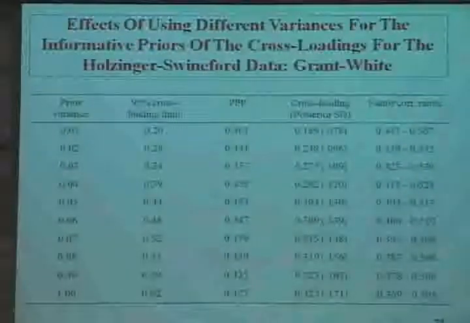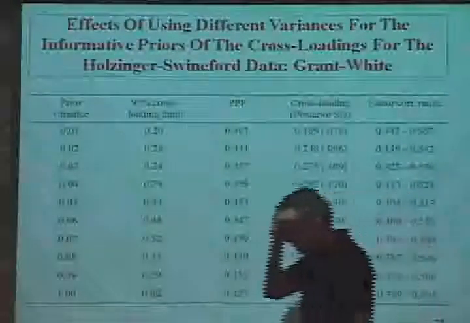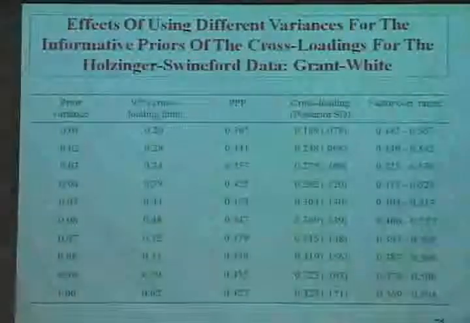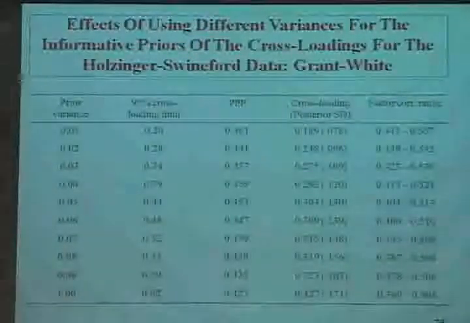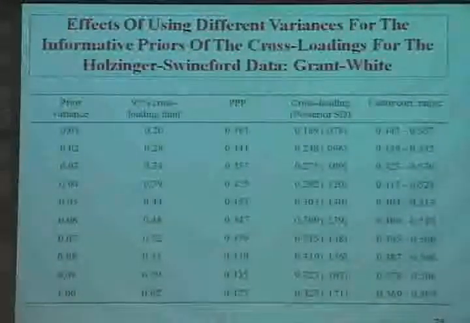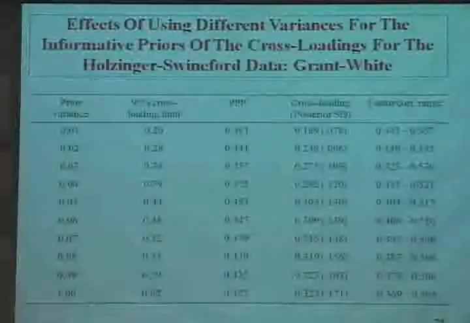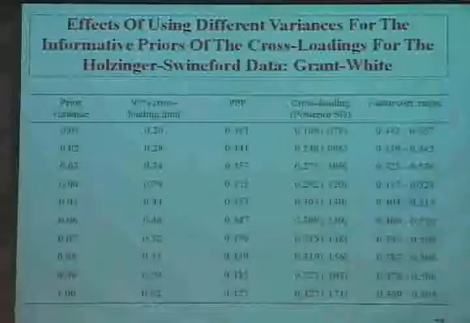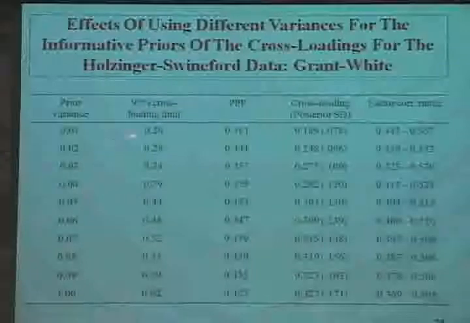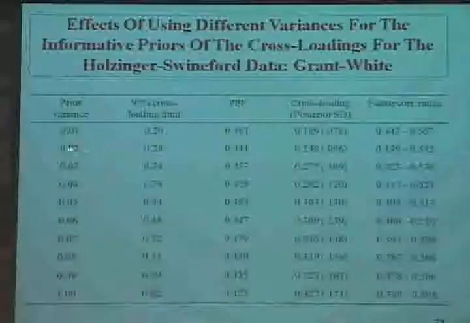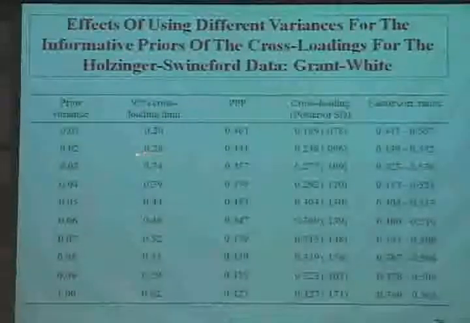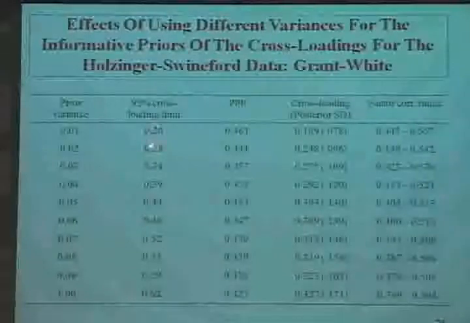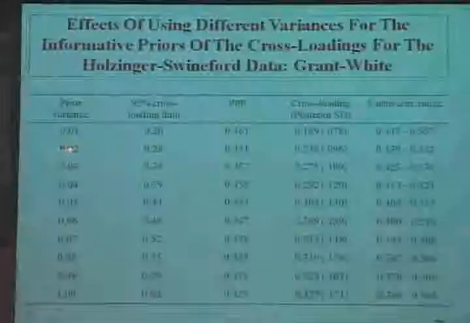Now you may wonder, why choose a prior variance of 0.01? Well, we said that that would keep the prior loadings in the range from minus 0.2 to plus 0.2. But what if you had just as well said that I can accept the loading going up to 0.28 instead of 0.2? Well, that's a prior variance of 0.02.